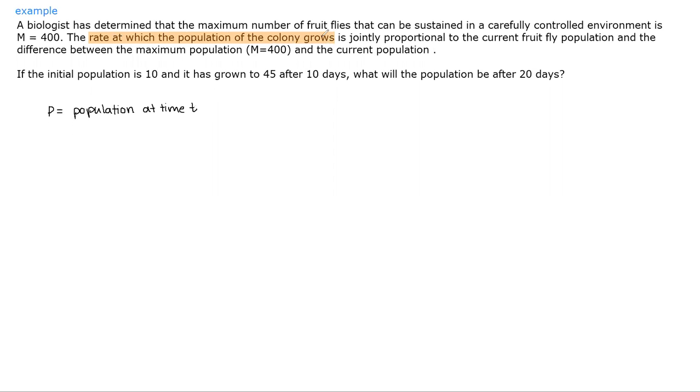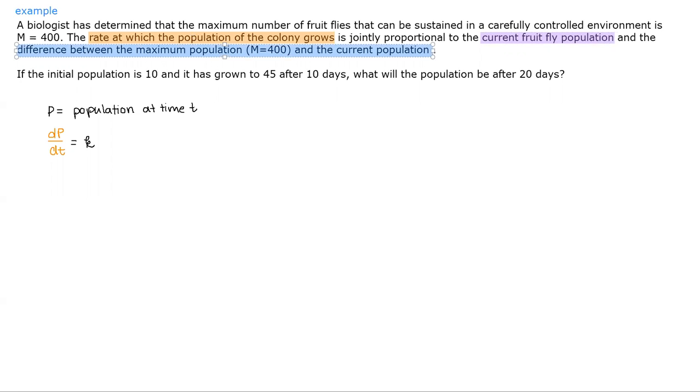And then this is jointly proportional. So the rate at which the population grows, that's dP over dt, is jointly proportional. Jointly proportional means it's proportional to two things. First is the current fruit fly population, and second is the difference between the maximum population, 400, and the current population.